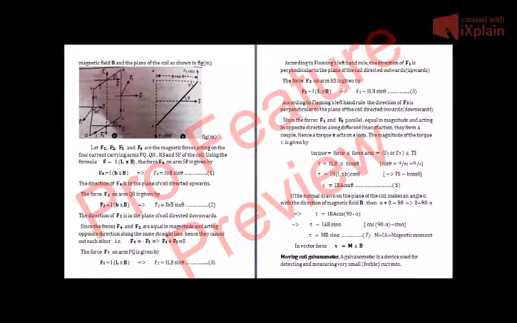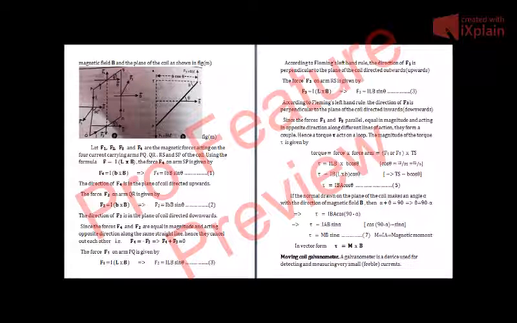Now we have a formula that for a current carrying conductor of length L with current I flowing through it, placed in a uniform magnetic field B, the force experienced is F equals I L cross B in vector form.